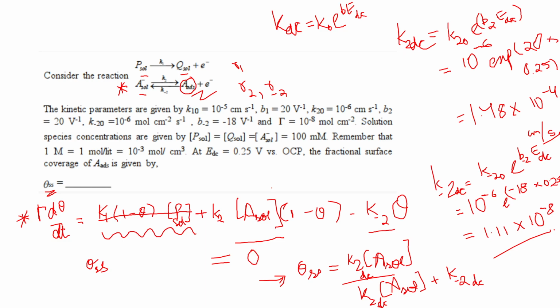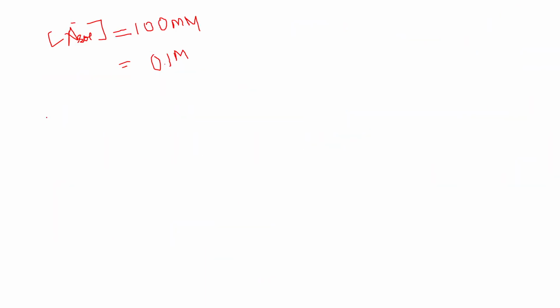Instead, I have to convert it into centimeter cube, and it's given in the question that 1 molar equals 10 to the power minus 3 moles per centimeter cube. So this will be 0.1 into 10 to the power minus 3 moles per centimeter cube. Now everyone please substitute all the values. We have all the values, and try to find the theta value.